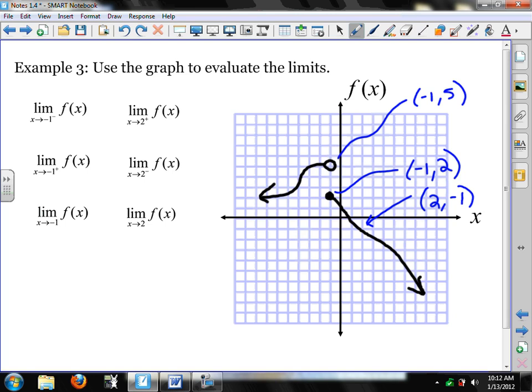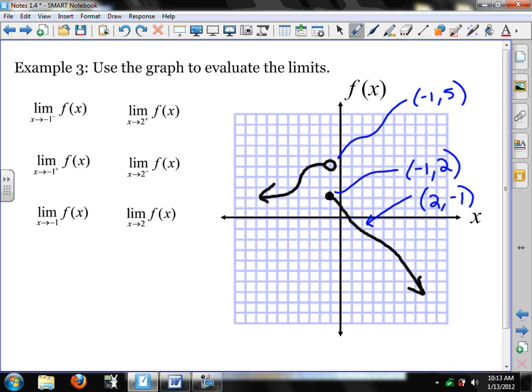So the first thing we want says the limit as x approaches -1 from the left. Again, the minus sign here means from the left of f of x. So I've got a graph of f of x there. The limit as x approaches -1, we've done before. We've said that at x equals -1, since they're not coming into the same y value, the limit as x approaches -1 does not exist.